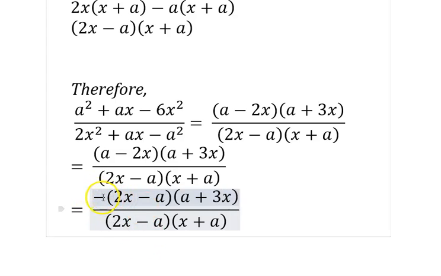Just because if you say this is minus 2x, then we have plus a. This is minus 2x, because this minus times this minus will still give us plus. So we are still saying the same thing. The reason why we are doing this is so that this and this can cancel out.